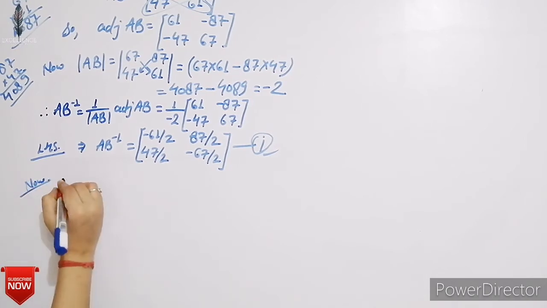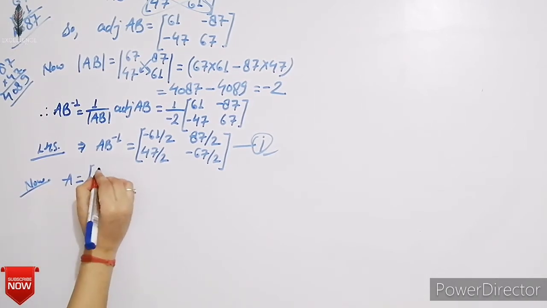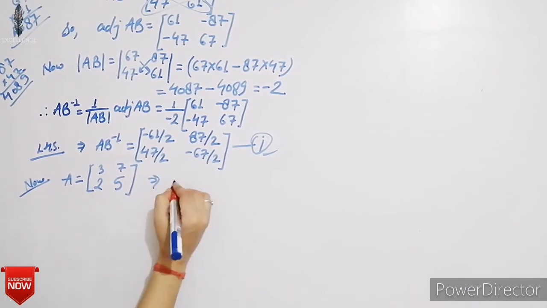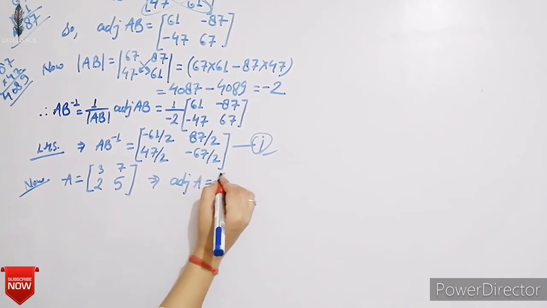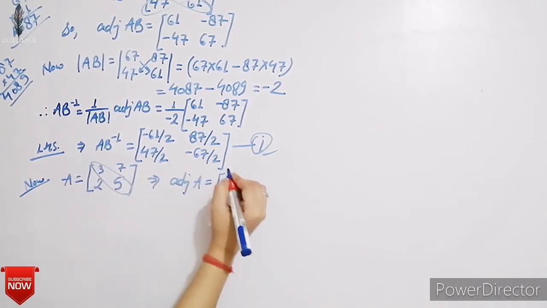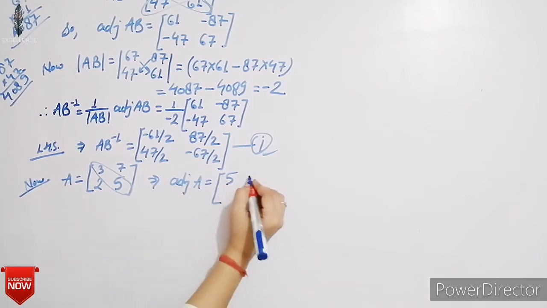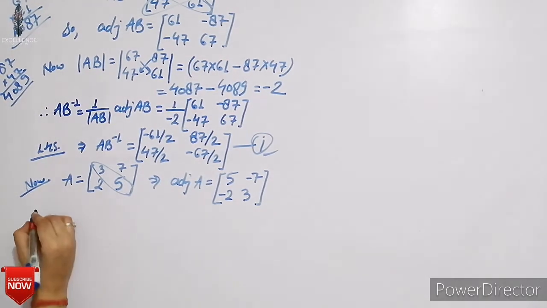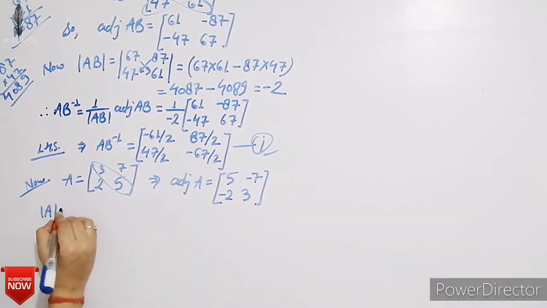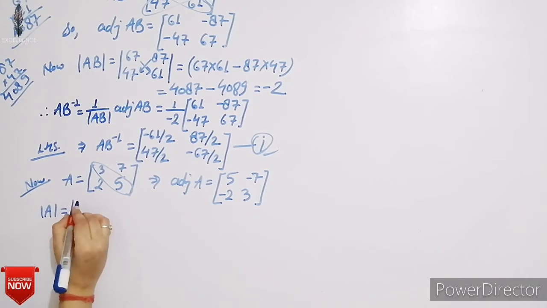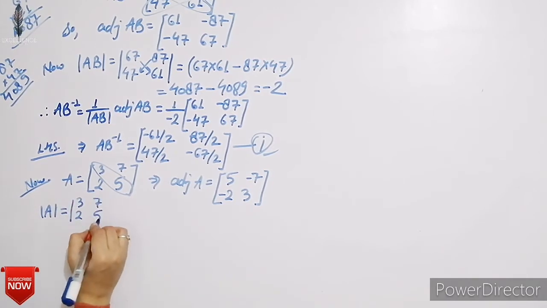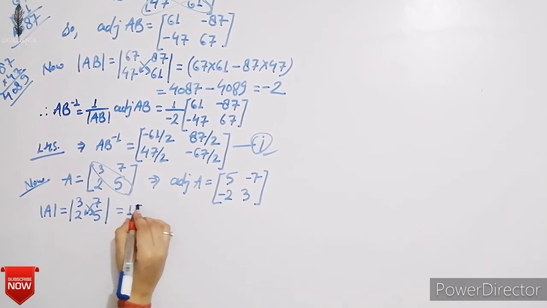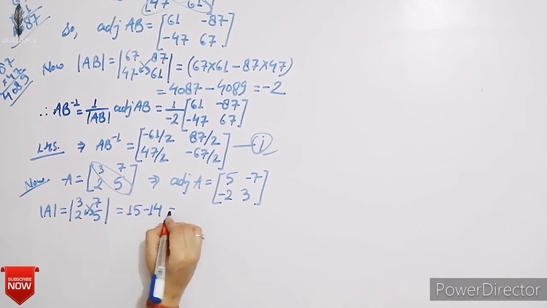Now it is given that matrix A is equal to 3, 2, 7, 5. So its adjoint is, simply interchange the elements, so it is 5, 3, and with sign change, minus 7, minus 2. Now the determinant of A is the determinant of 3, 2, 7, 5, that is 5 into 3 minus 7 into 2, that is 15 minus 14, which equals 1.